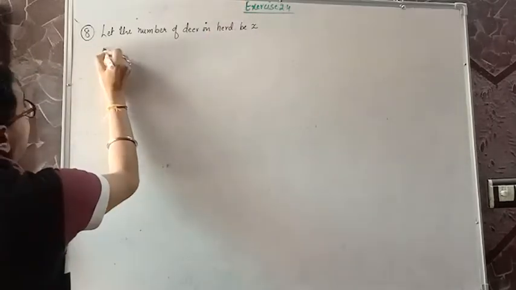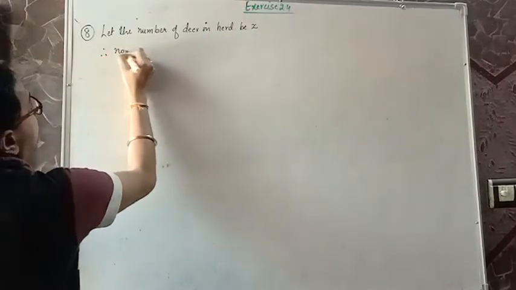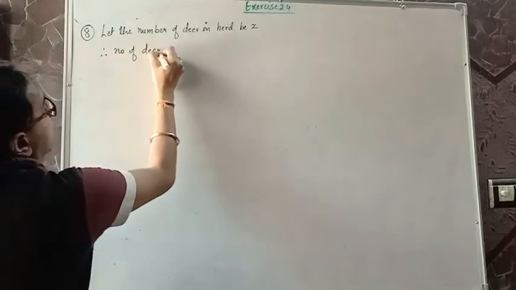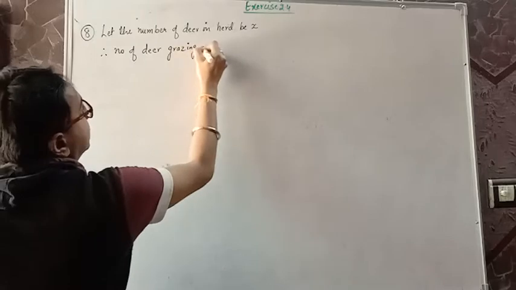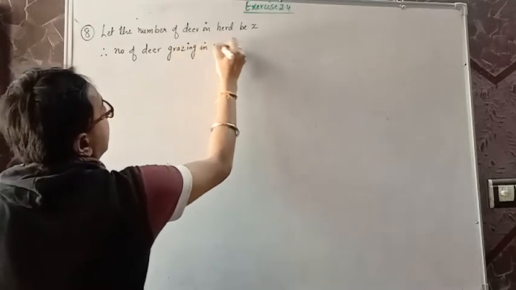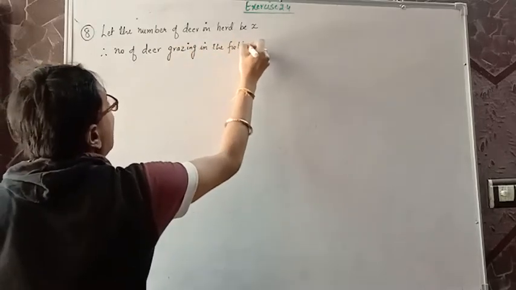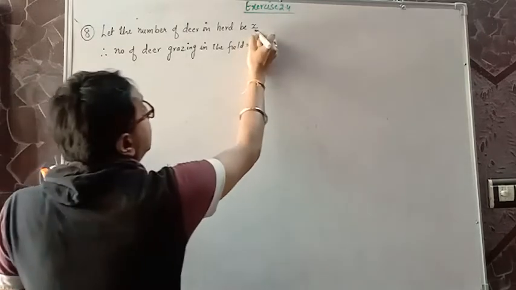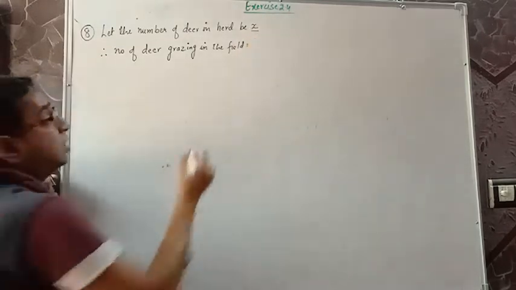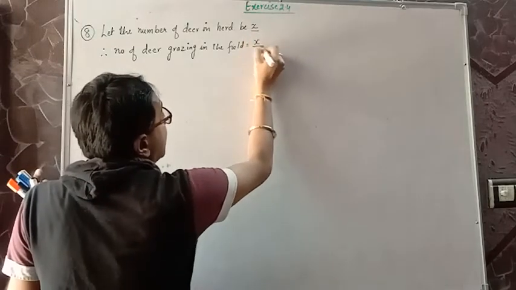Therefore, the number of deer grazing in the field: it is given half of the deer are grazing. The total is X, so grazing would be half of the total, that is X by 2.